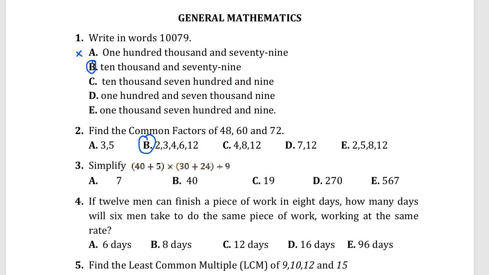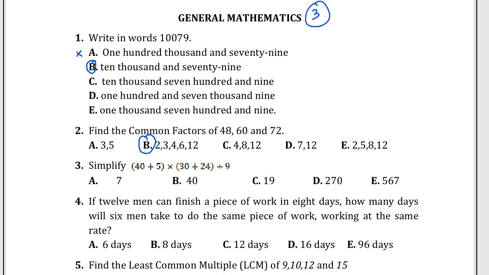Don't ever forget that, okay? So, using board maths, 40 plus 5 will give me 45, times the other bracket, 30 plus 24, 54. Then divide by 9. You can use 9 to divide 45 or 54.